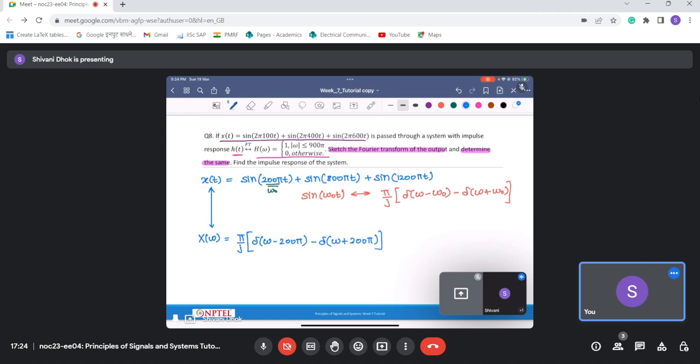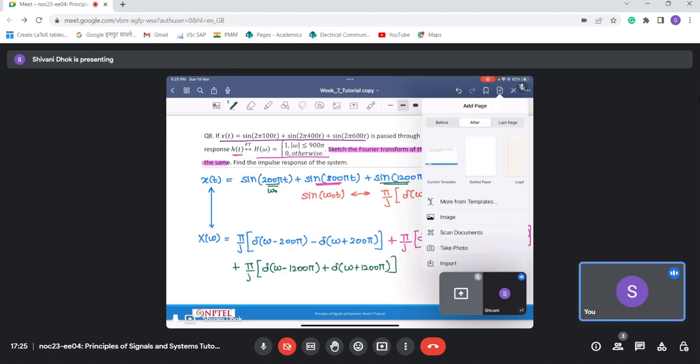Similarly, the second factor has a Fourier transform of π/j [δ(ω − 800π) − δ(ω + 800π)]. Similarly, the third factor has a Fourier transform of π/j [δ(ω − 1200π) − δ(ω + 1200π)].